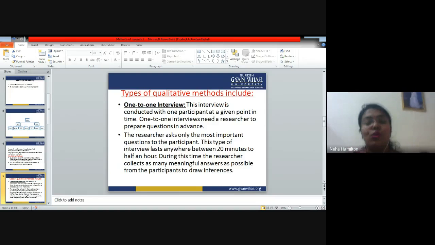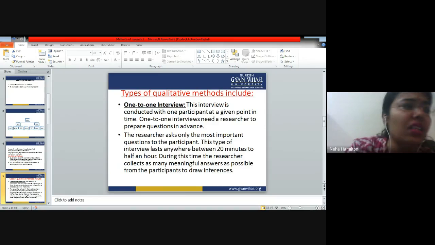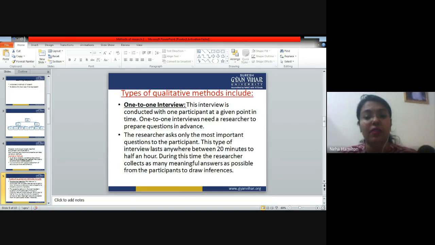Right. So we were talking about one-to-one interview and why one-to-one interview is important and how one-to-one interview is going to help us in the form of any kind of qualitative research. Okay, so what is written? Let us read this. The researcher asks the most important question to the participant.